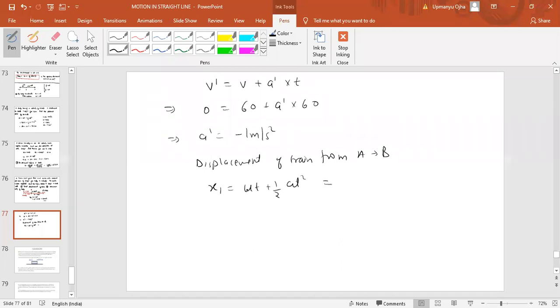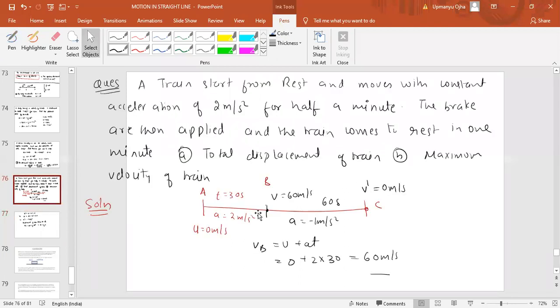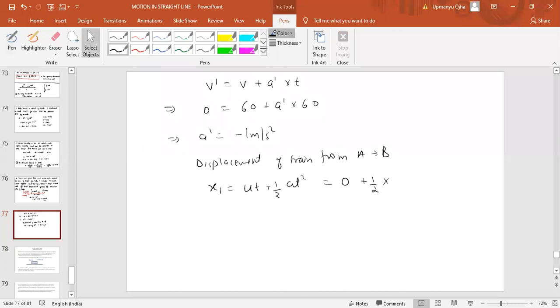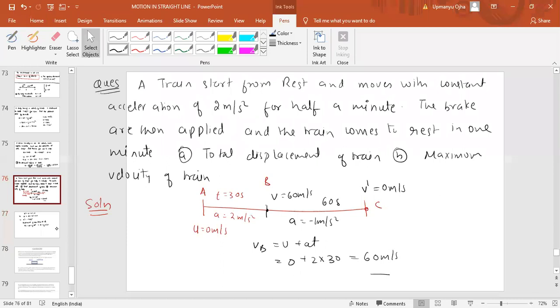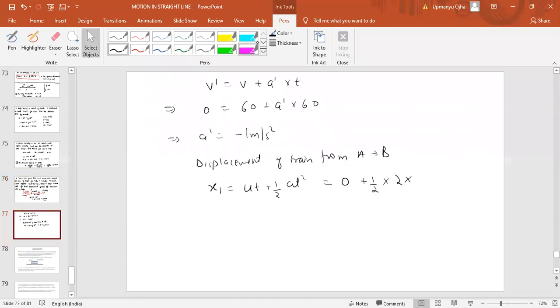Initial velocity is 0 because from A to B initial velocity is 0, so 0 plus half into the acceleration, which is 2, into time, which is 30 seconds, 30 square, which means 900 meters. So displacement from A to B is 900 meter.